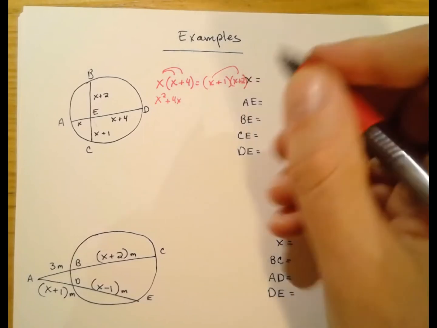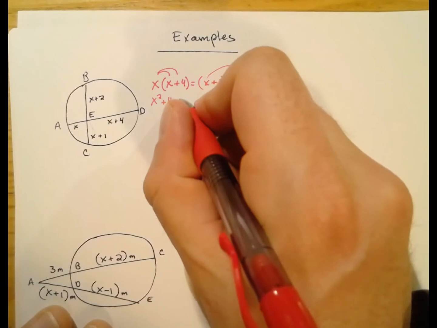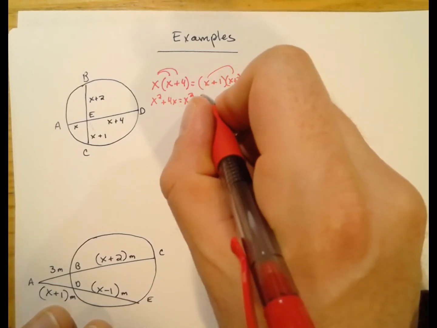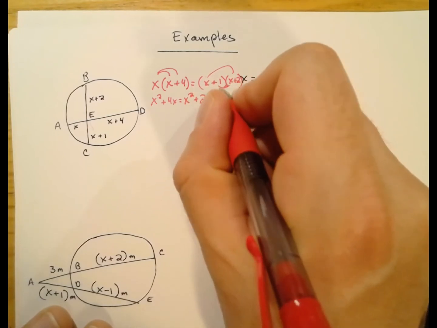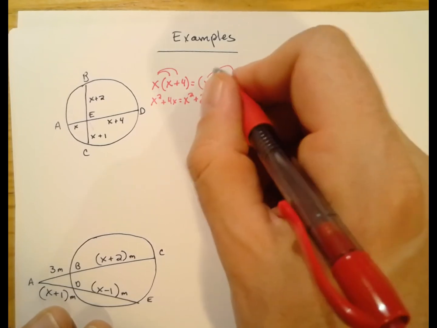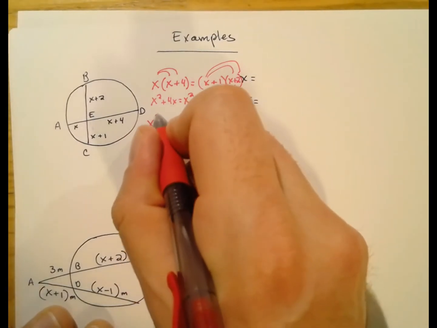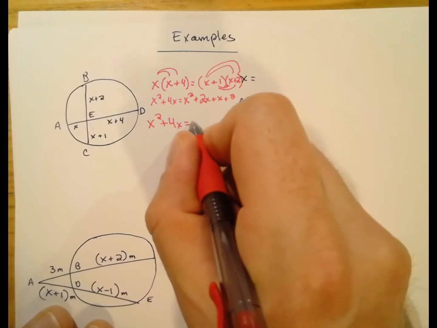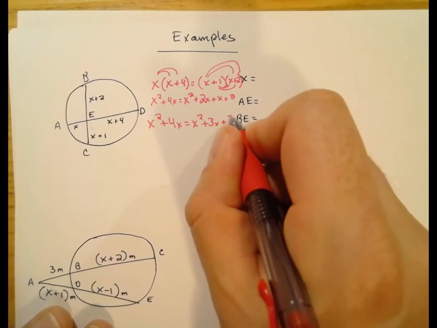So x times x is x squared. x times 2, 2x. 1 times x is x. And then 1 times 2 is 2. And what did I miss? Okay. So let's clean this up a little. x squared plus 4x equals x squared plus 3x plus 2.